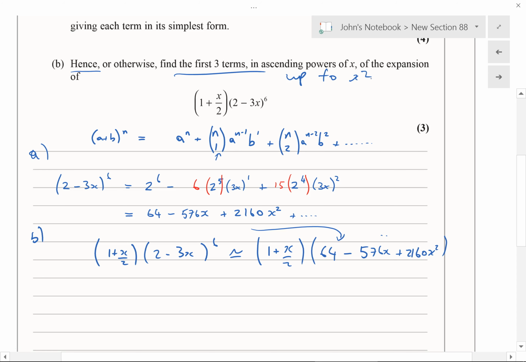Okay, so I need to do 1 times each of these. 1 times that, 1 times that, 1 times that. So that's equal to 64 minus 576x plus 2160x squared. Okay, and then we're going to do x over 2 times all of these.